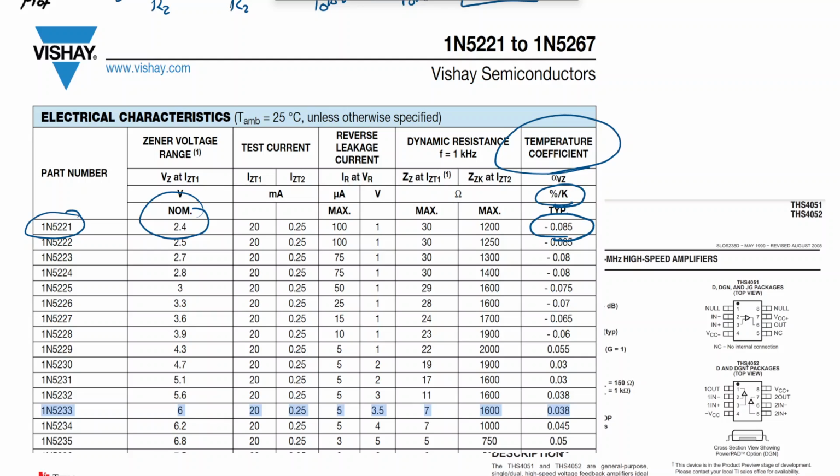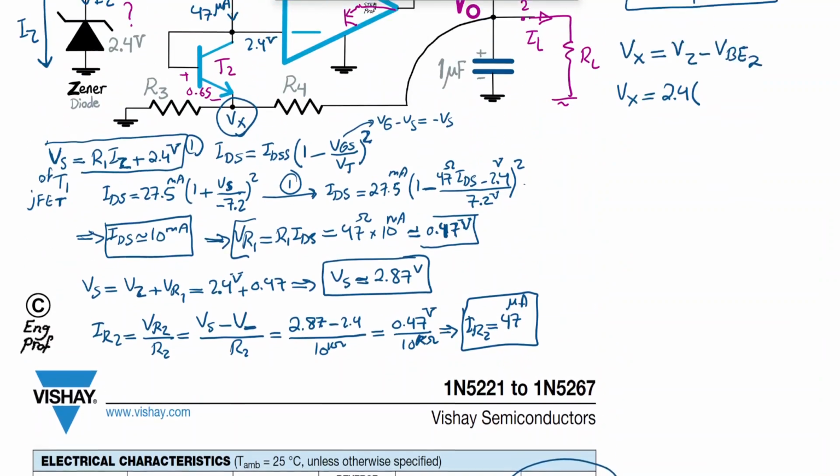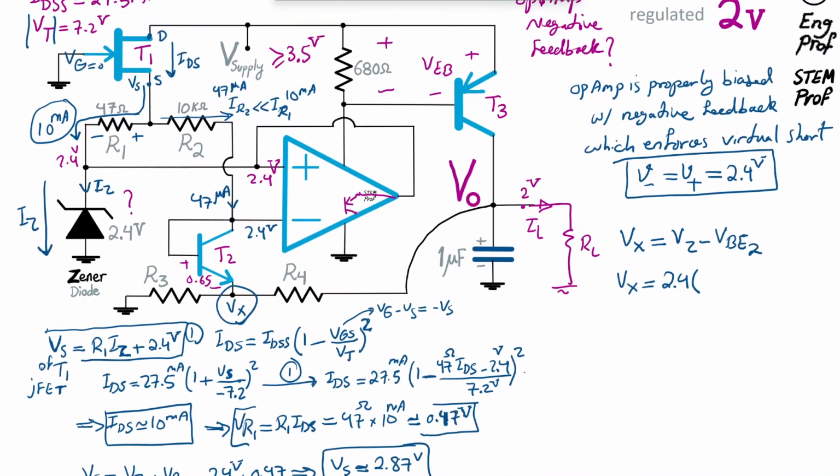So that is the number I'm going to use. So Vx is 2.4 times (1 minus 0.085 divided by 100 times delta T), where delta T is the change, and this is the temperature coefficient of the Zener diode, which was given in percent per Kelvin. Okay, so that's the Zener diode.